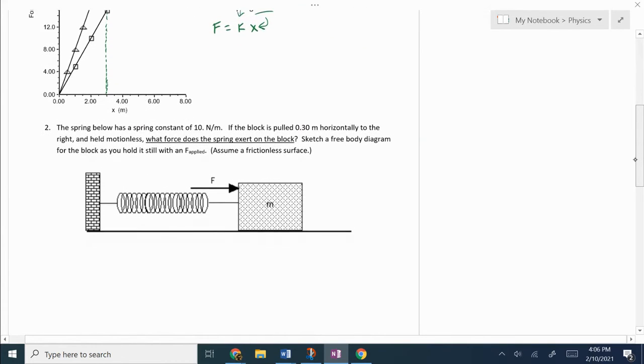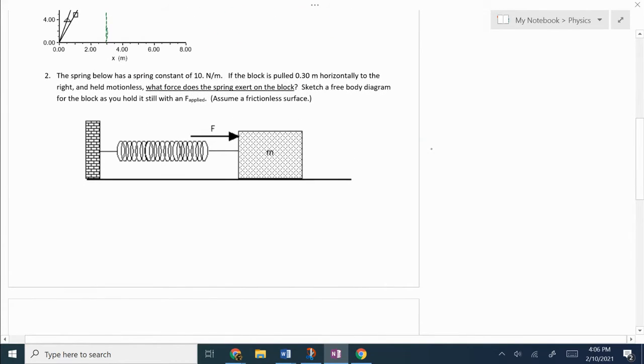Let's see here for number 2, you might find, again, drawing a force diagram might be useful. Obviously, we have gravity straight down and normal force upwards. We would have the force of the spring in that direction, and then this force F, which is applied to the right.